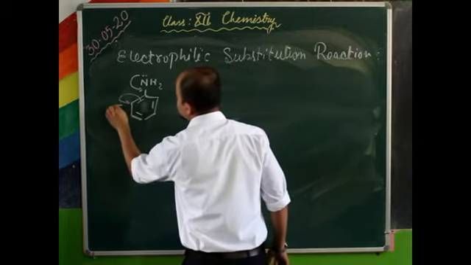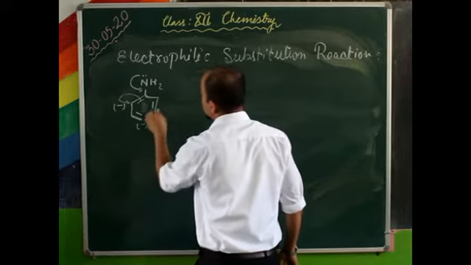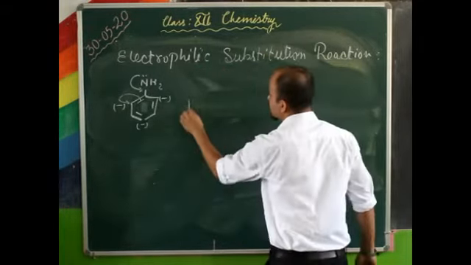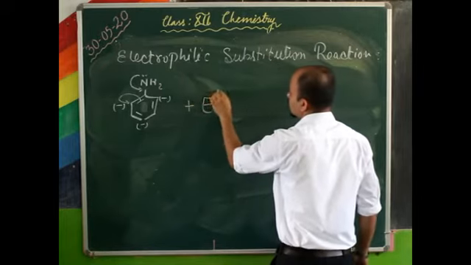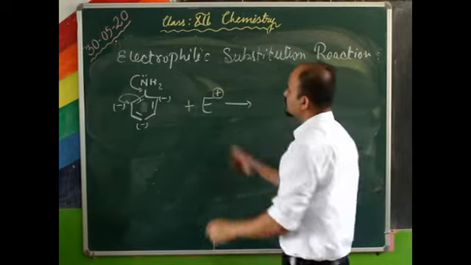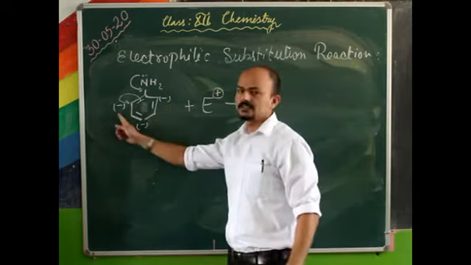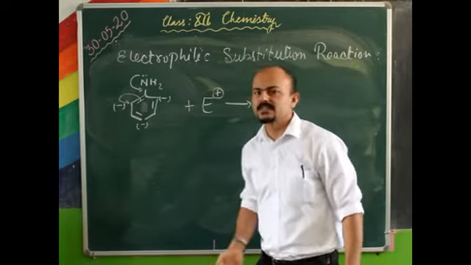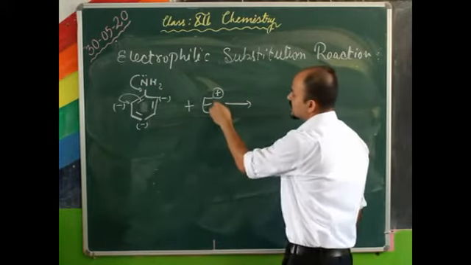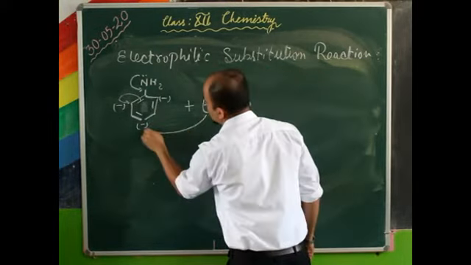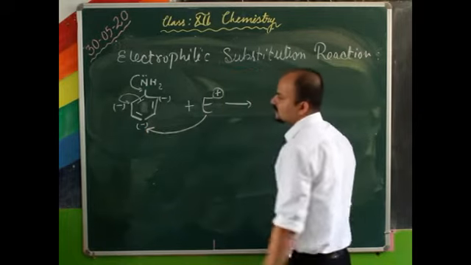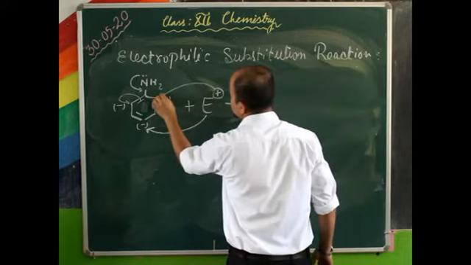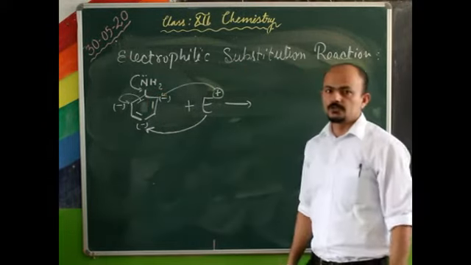See, here negative charges will be coming at the ortho and para positions. So whenever there is some electrophile, an electron loving group, that means it loves negative charge. It gets attached to the place where there is more density of electrons. Therefore, it can come and get attached at the para position, or it can come and get attached at the ortho position.